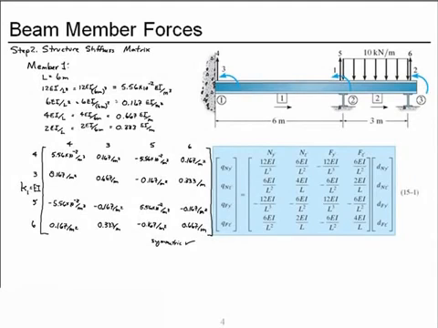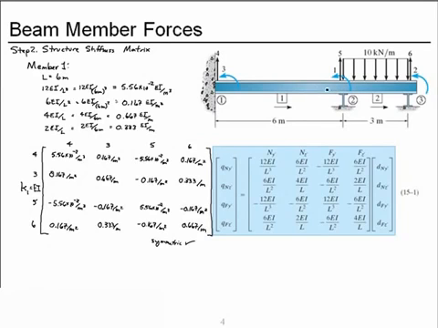We observed when applying the stiffness method to trusses that if 2 degrees of freedom are not at the same node, nor are they connected by a single member, then the stiffness coefficient will be 0. So for example, the structure stiffness coefficient 2 3 will be 0 because degree of freedom 2 and degree of freedom 3 are not connected by a single member.